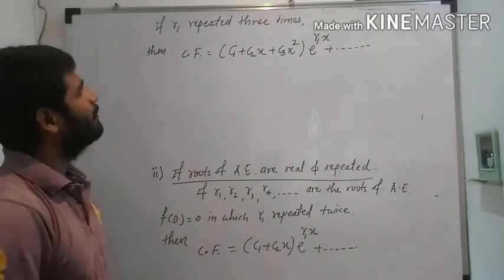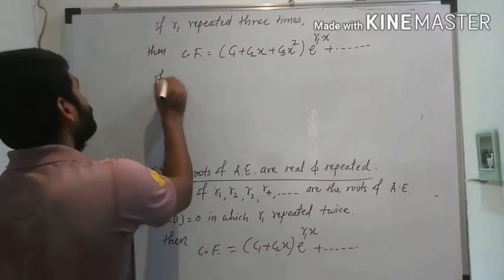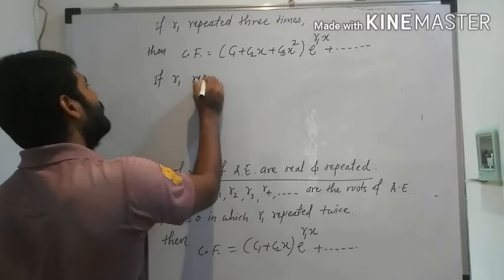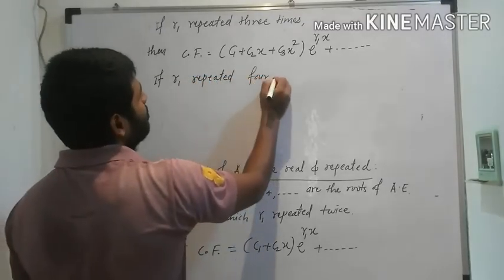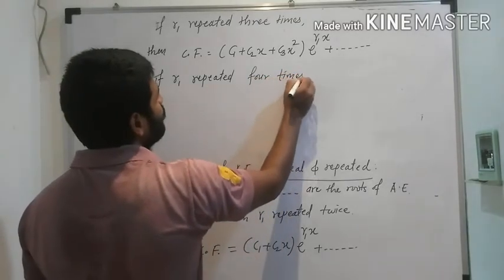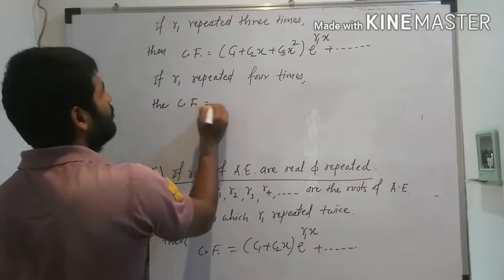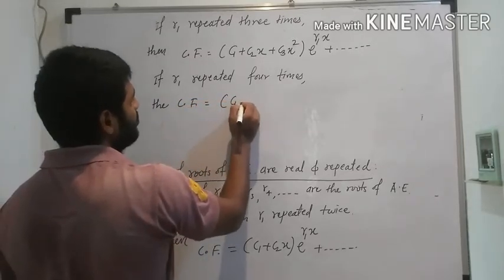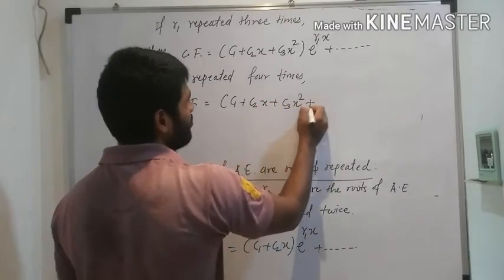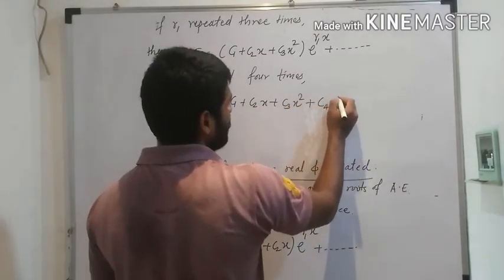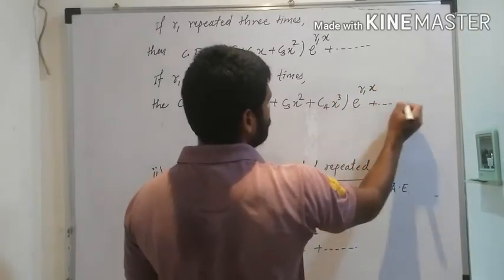Now next, what happens if R1 is repeated four times? Let us see. If R1 is repeated four times, then CF is equal to C1 + C2 x + C3 x square + the next term C4 x cube, e raised to the repeated root into x, plus so on.